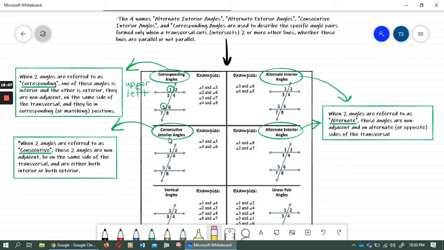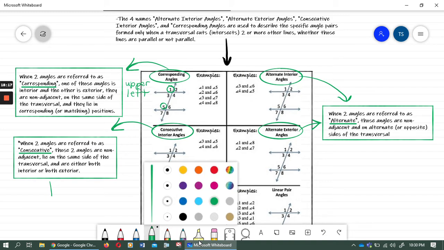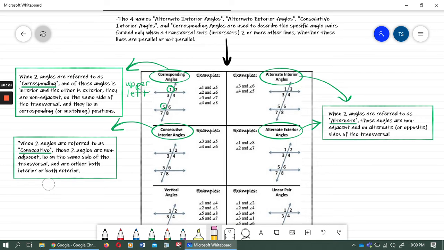When you see the word consecutive, and guys, actually, they may use the word consecutive. They may not use the word consecutive, and I'll talk about what other word they may use in the place of consecutive.